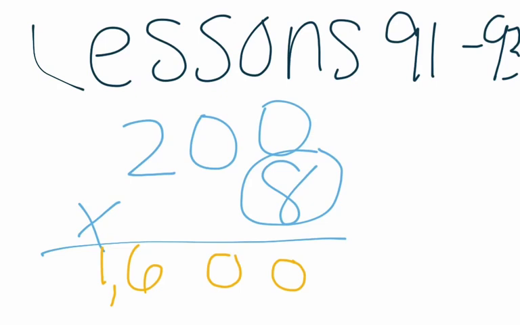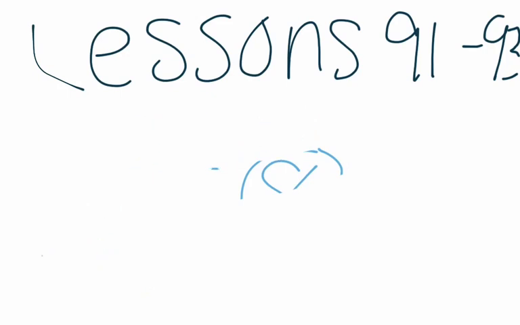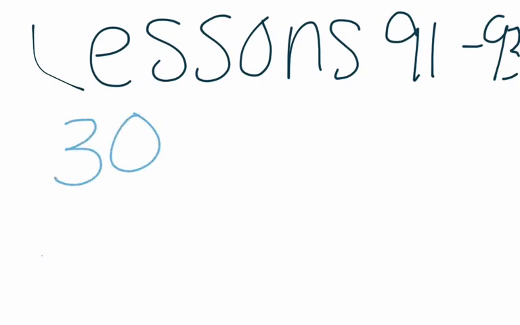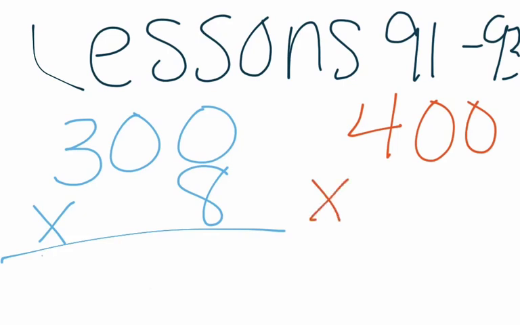Since we talked about this already, I'm just going to give you 2 random examples off the top of my head. One is 300 times 8, and we'll do that one together, and the other is 400 times 5.